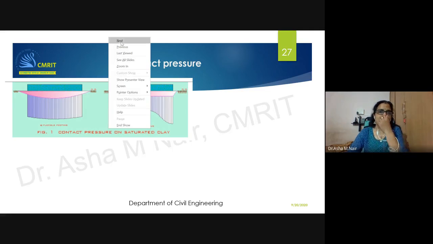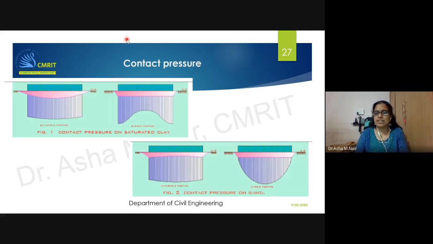Now, in a similar way, if I take sand, you can see for a flexible footing, the sand will always have less settlement in the center. Why will the sand have less settlement in the center?